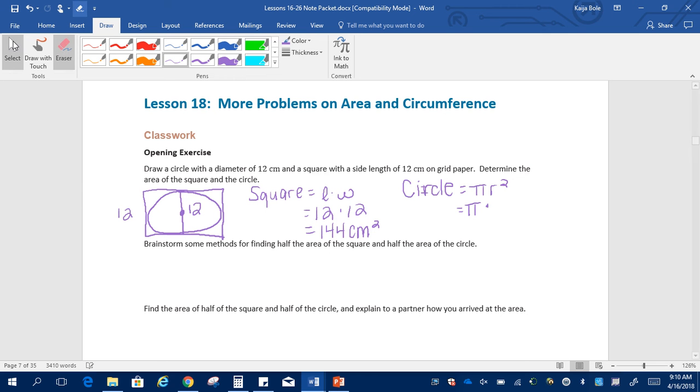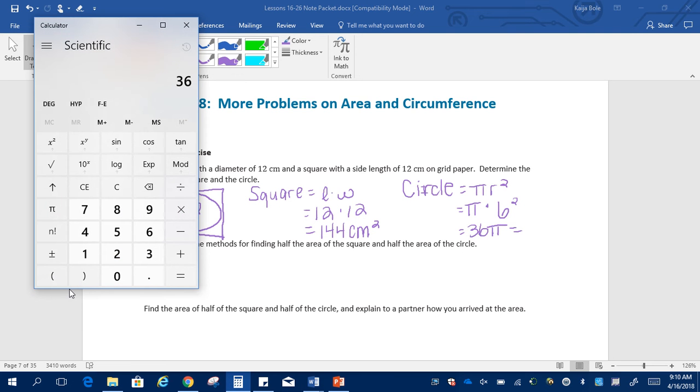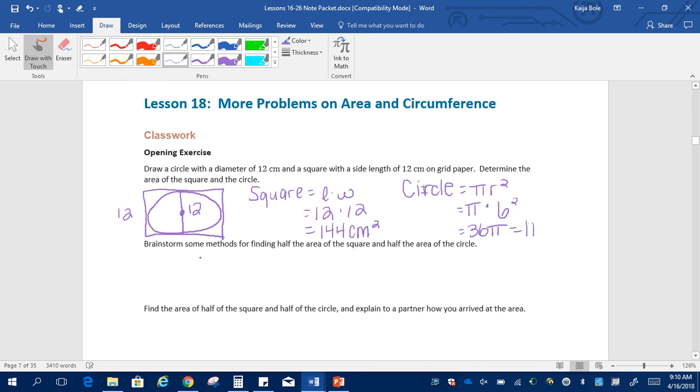Our radius, remember, see I make mistakes too, is 6, so it's times 6 squared, so this would be 36 pi, and you can go ahead and plug that in your calculator, so we'd have 36 times pi. So if we round it, we would have about 113.1 centimeters squared. Okay, so just a warm-up.